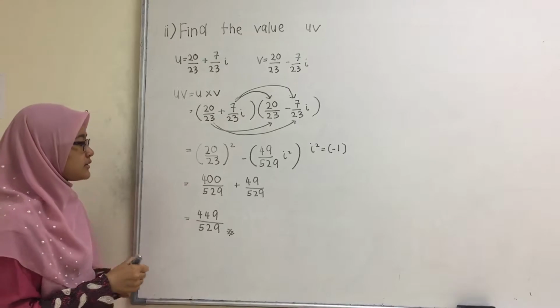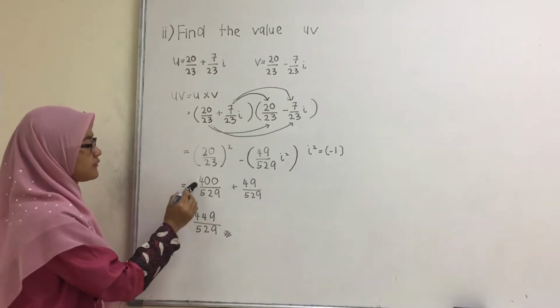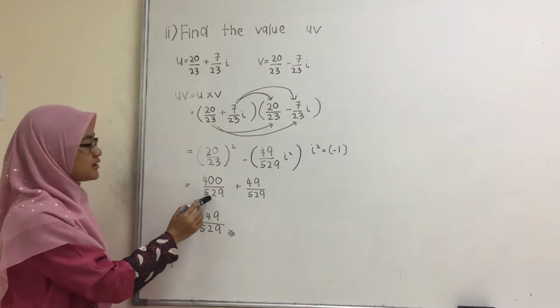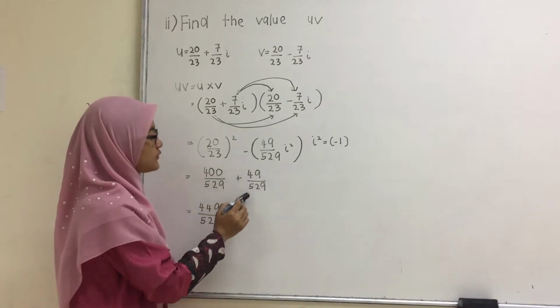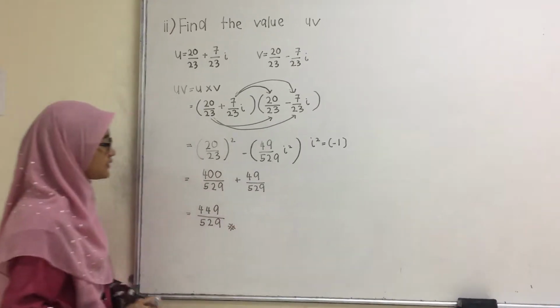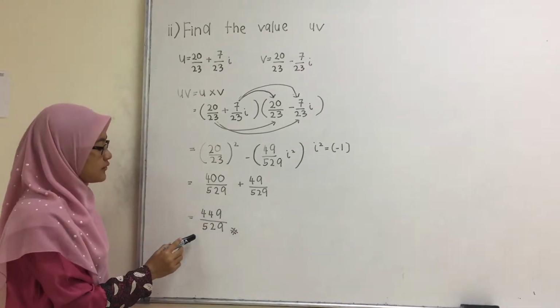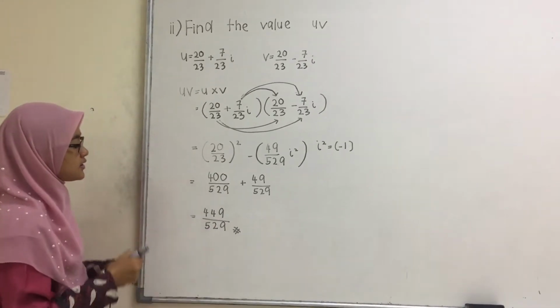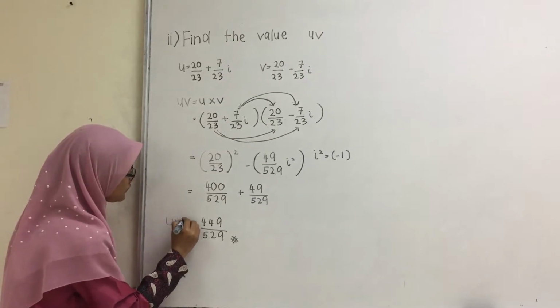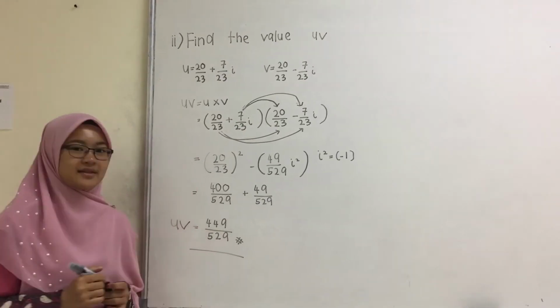So we will get 400 over 529 plus 49 over 529. We total this up, and we will get 449 over 529. So this is the value of uv. Okay, that's all.